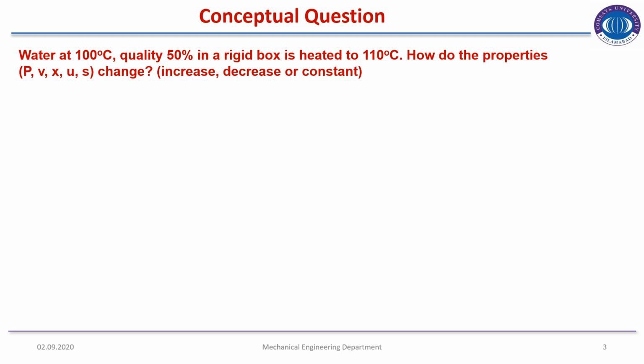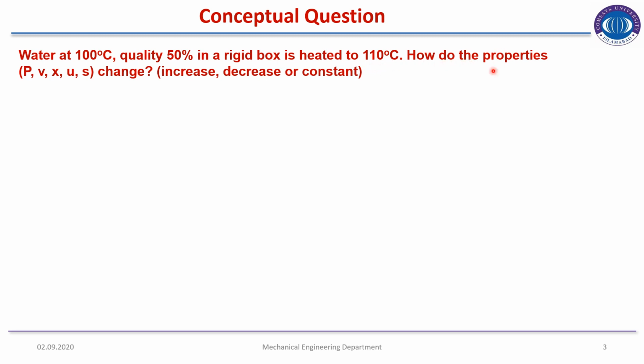So now we will discuss some conceptual question answer as well. Water at 100 degrees centigrade, quality 50% in rigid box is heated up to 110 degrees centigrade.